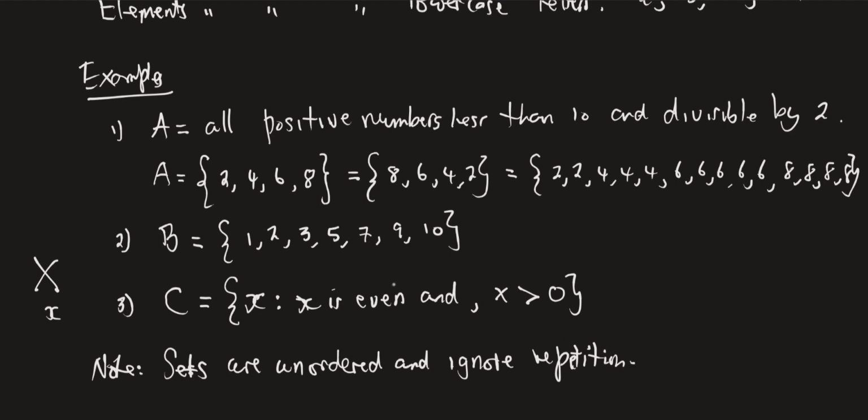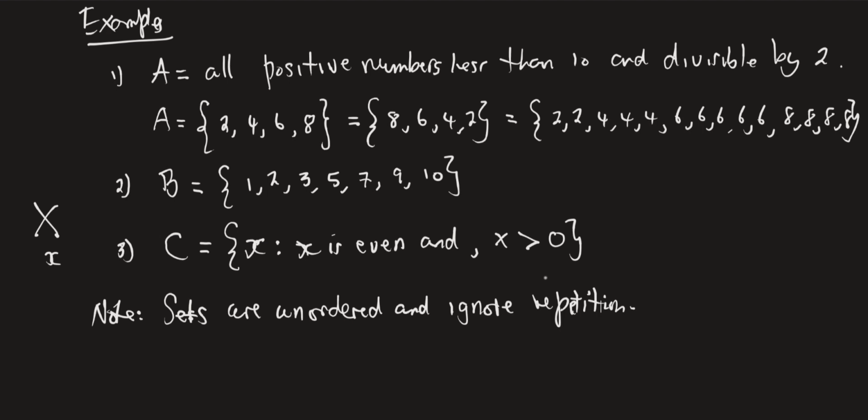So again, it doesn't matter how many times you list the elements. Now, as far as some other notations, let's go back to the set A. So set A has 4 elements, 2, 4, 6, 8. I'll write out again the statement verbally and then show you what the set notation is.